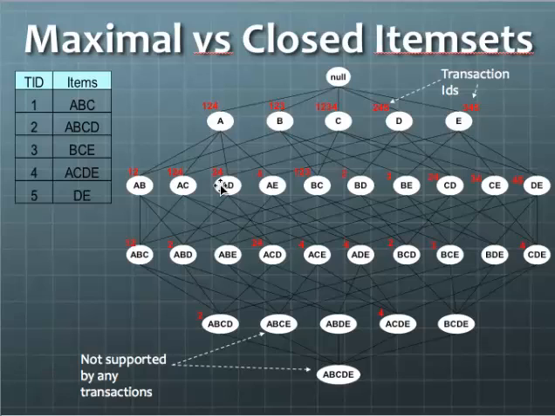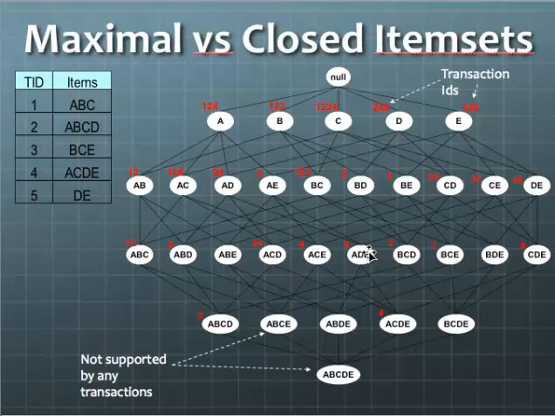So the key is to determine which supersets have exactly the same support count as A and D. It has 3 supersets: ABD, ACD, and ADE.